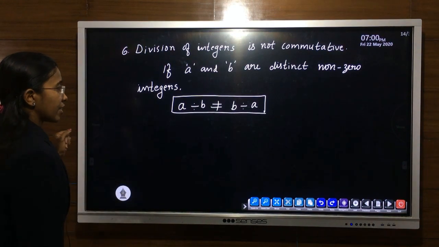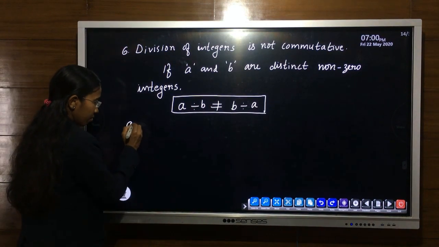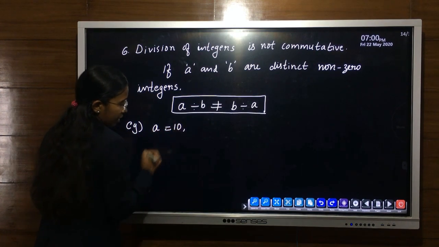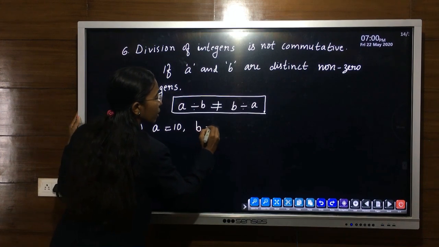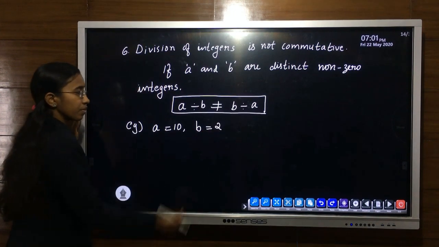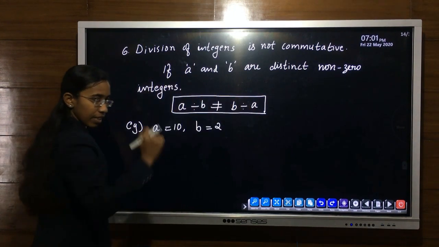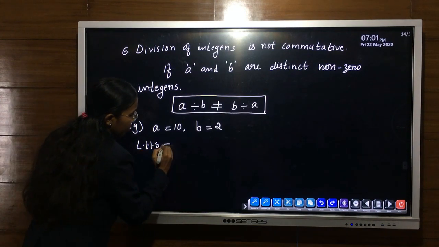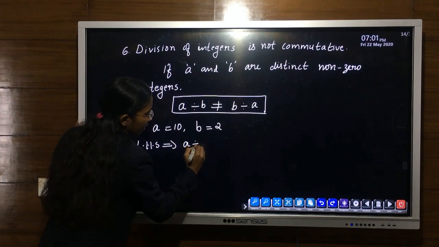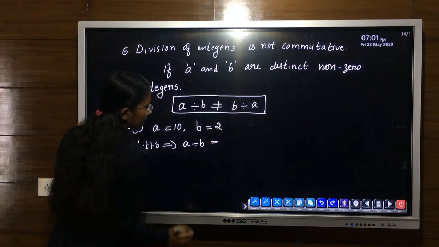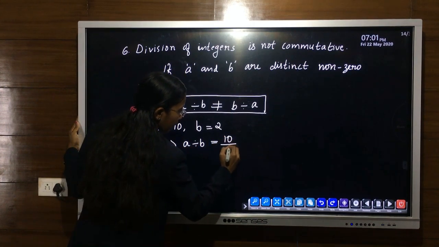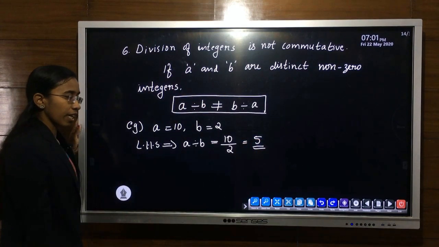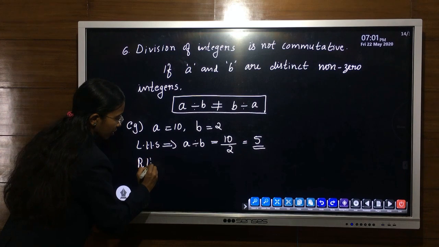We can check with one example. Take a equal to 10 and b equal to 2. This is our LHS and this is our RHS. What is our LHS here? LHS implies a divided by b, that is 10 divided by 2. Our answer is 5. This is the value of LHS. And take our RHS.